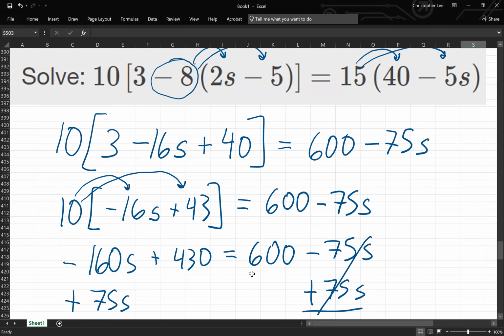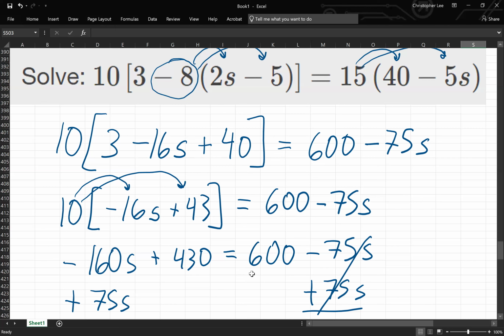The parentheses that has 2S minus 5, there's nothing that I can combine in there. There are no like terms. So after I do the distribution, I don't need the parentheses. There's a rule of thumb, I've always put parentheses around negative variables. Yeah, you could do that, it's legal. It really messes you up, because then you see 3 plus -16S plus 40.